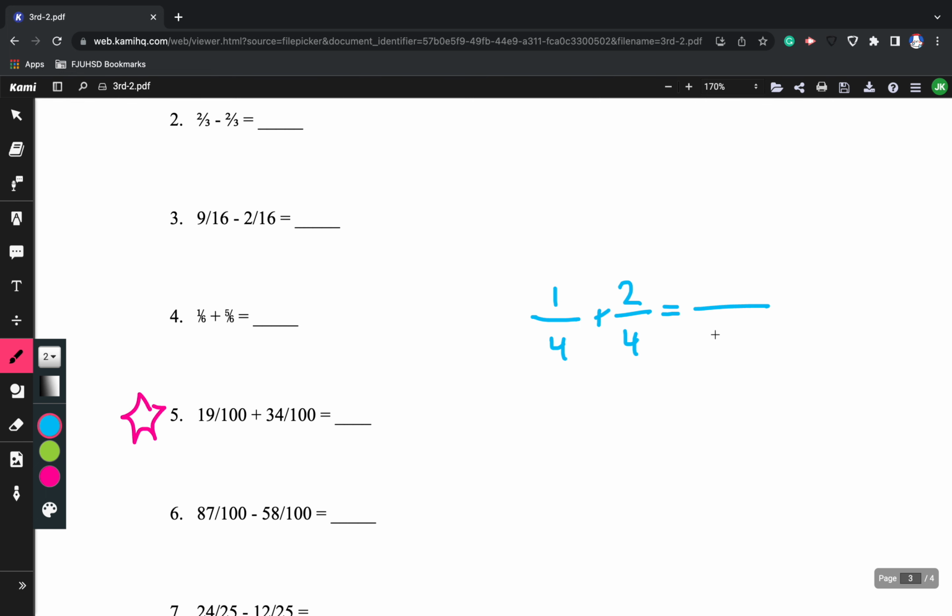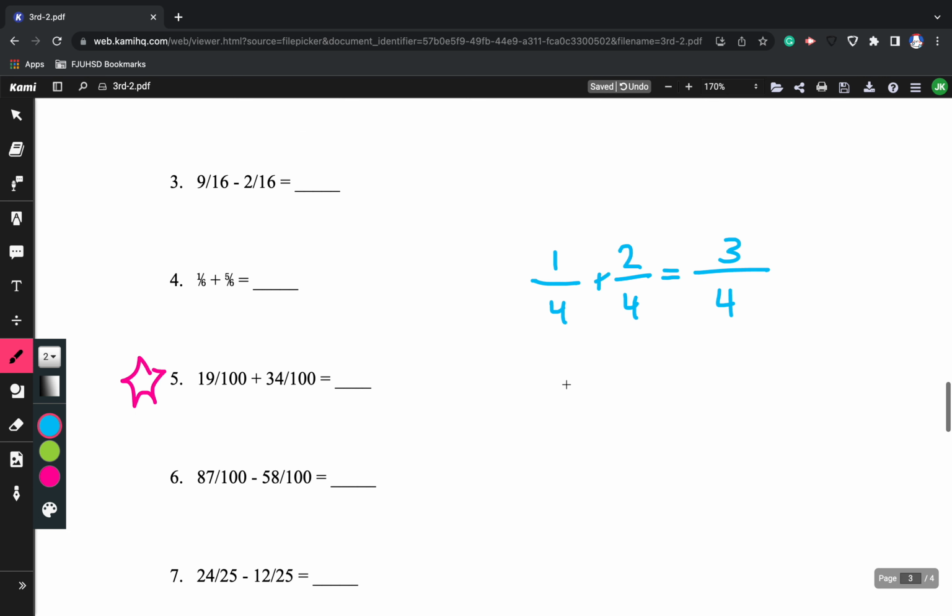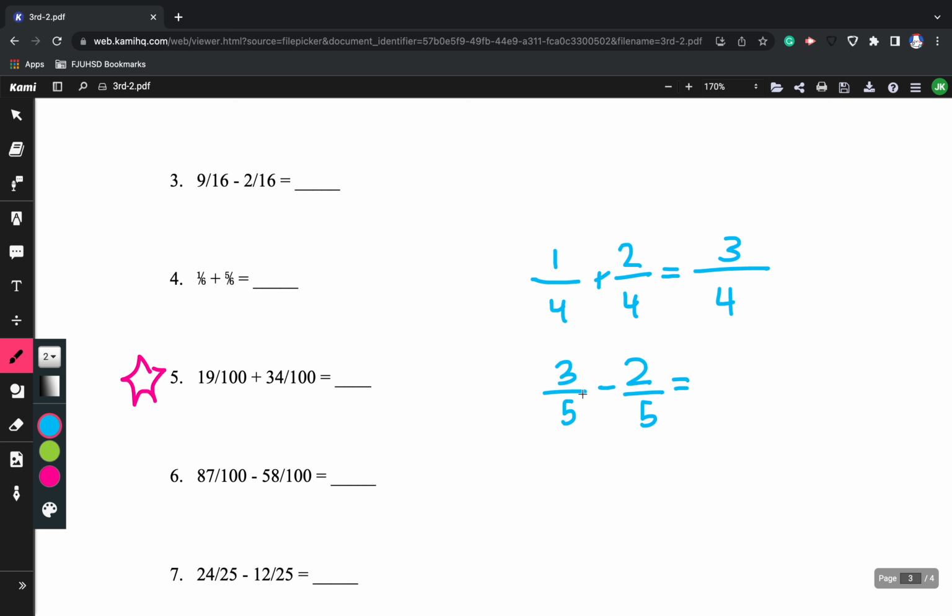Since the denominator is the same, the denominator is going to be the same here. And therefore 1 plus 2 is 3. Let's do the same thing with subtraction. If the denominators are the same, then the denominator will be the same for the answer, and then you just do the top as normal. 3 minus 2 is 1.